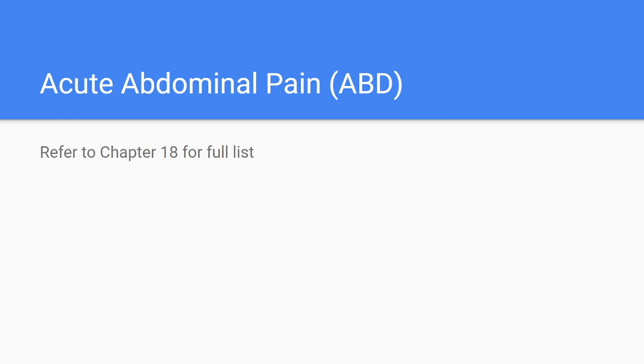So another thing you gotta remember is your AAA, which is an aortic aneurysm. Basically, what happens is there's an aneurysm on your aortic artery that keeps inflaming. And when that dissects, that can be a very big problem.